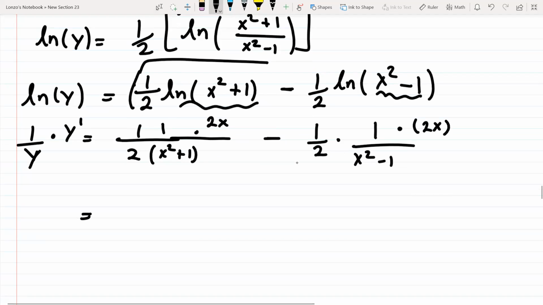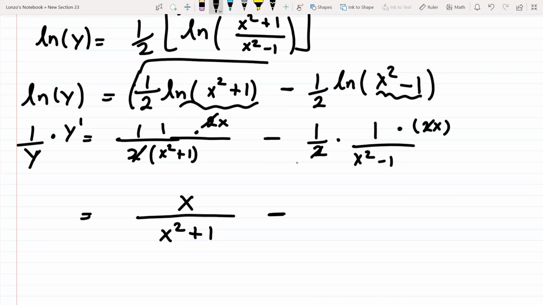So over here, the 2 cancels, and you're just left with x over x squared plus 1. Over here, the 2's cancel, so you're left with minus x over x squared minus 1.